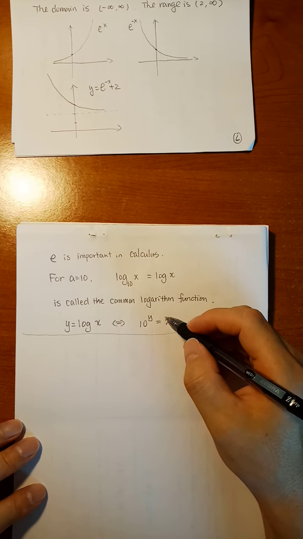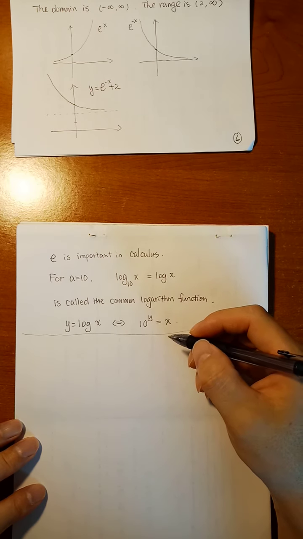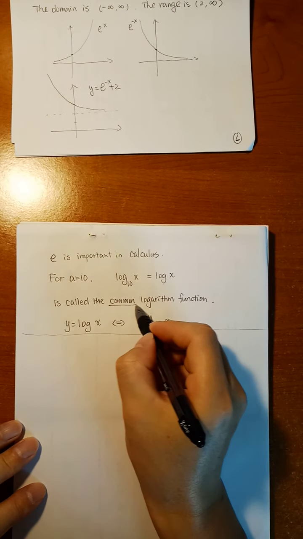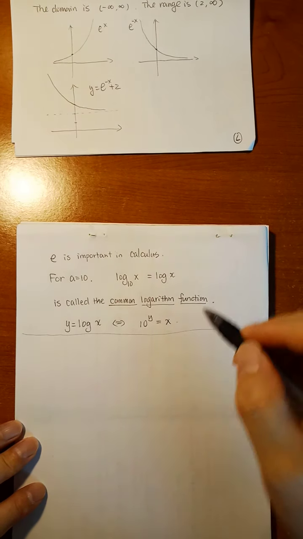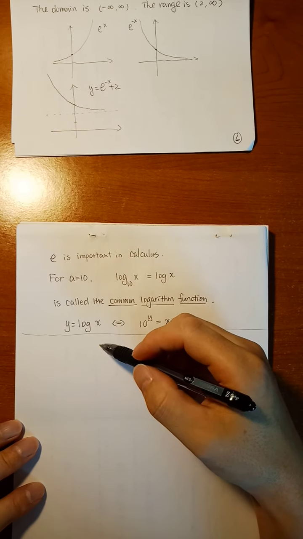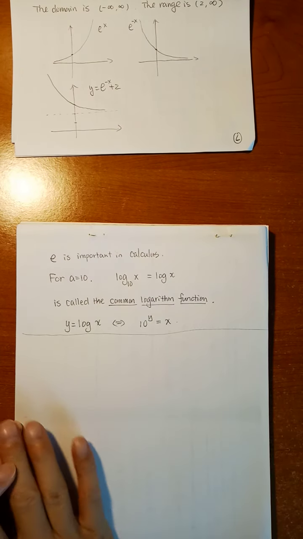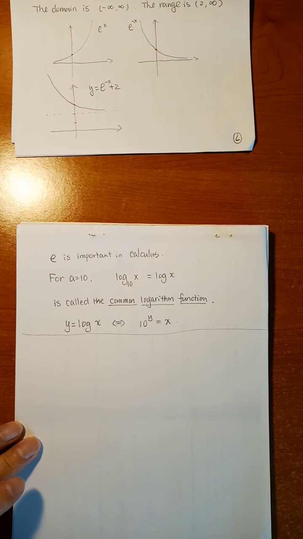Some people will use a different symbol to represent this common logarithm function. This name is widely accepted, but maybe some people will use different symbols to represent it. It's not like ln of x. ln of x is just ln of x. All the people use that symbol.